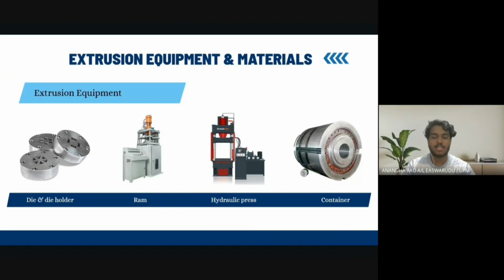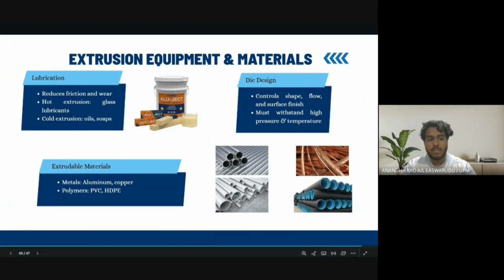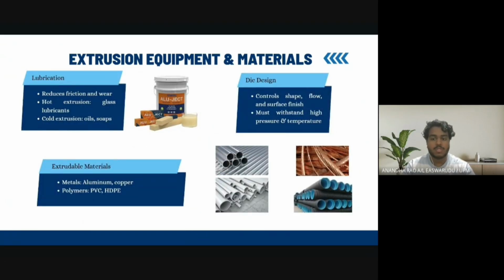Die design is extremely important as it controls product shape, surface finish, and material flow. Lubrication is used to reduce friction and die wear. Typical extrudable materials include metals such as aluminum and copper, and polymers such as PVC and HDPE.